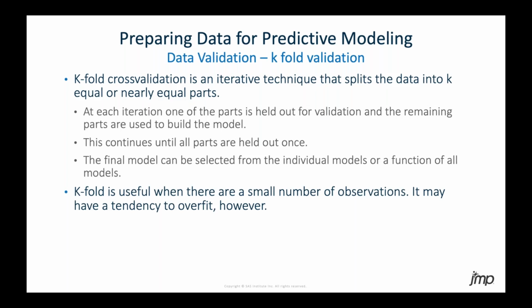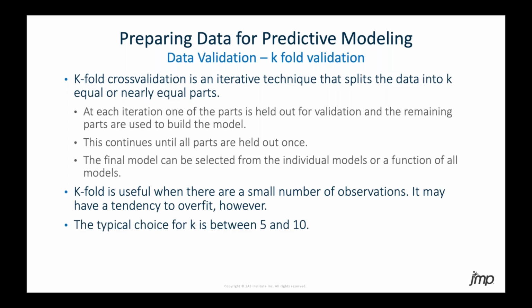One of the difficulties, though, is that it may have a tendency to overfit the data because obviously you're using all the data to build the model. Certainly, if you pick the best out of your k folds, you're cherry picking and you might have overfit a bit.